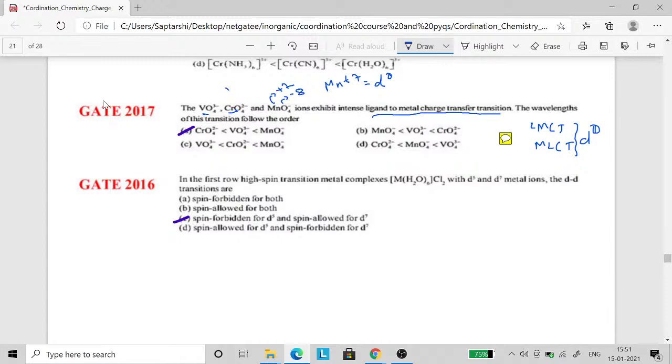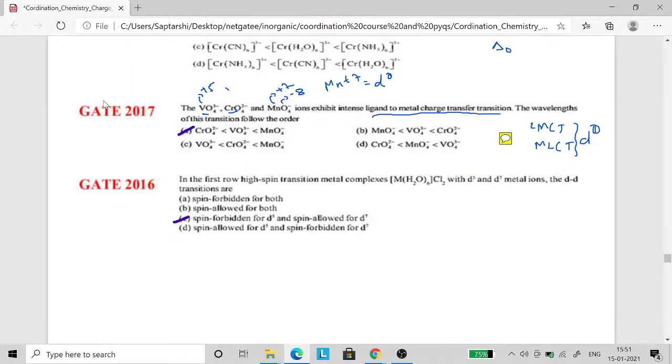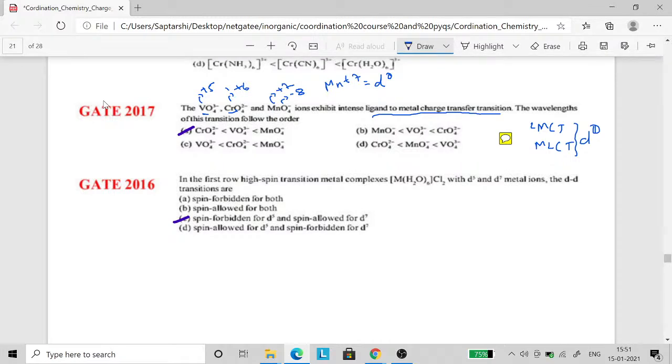So for this one, we can say the oxygens give -8, so this has to be plus 5 to make it -3. This has to be +6. So these are d0 complexes, right? So V plus 5 and Cr plus 6 are d0 complexes. So we have to compare the wavelengths of absorption.